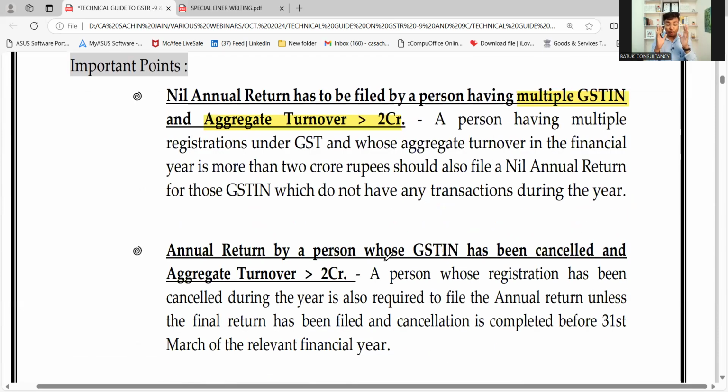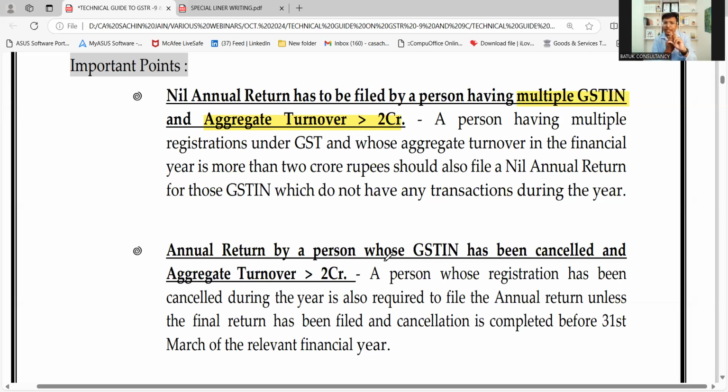Now, as we all know, GSTN is state wise. There is no centralized GST registration. GST is state wise. That means if you have a PAN number and you open one business in Rajasthan, another in Gujarat, and a third in Maharashtra, the PAN number is the same, but the GSTN will be different. You have to take a different GSTN for each.